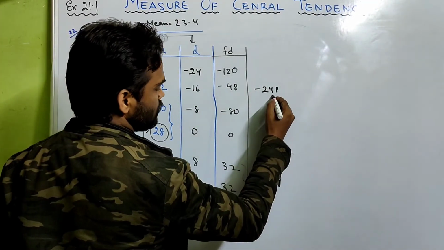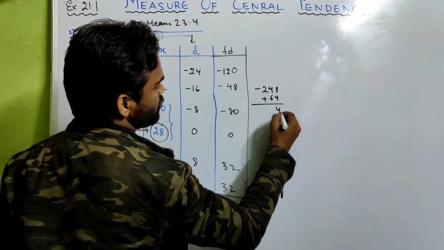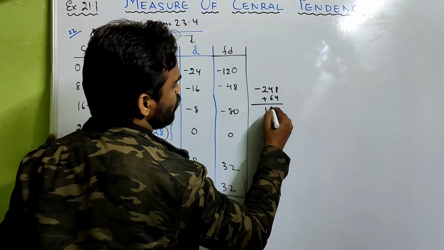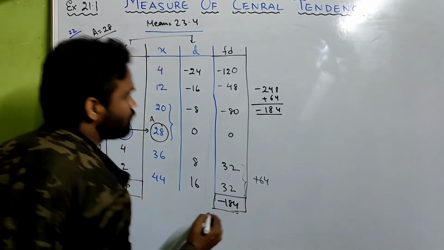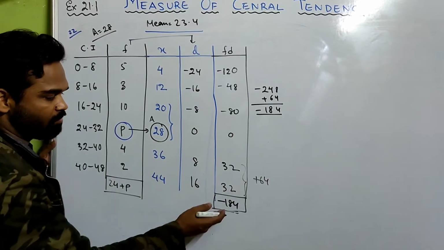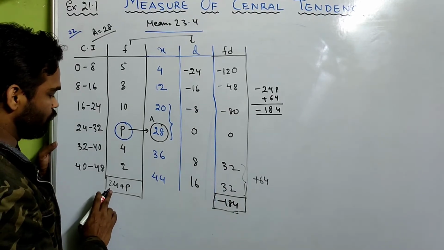So, this is 64. Okay. Again, this is minus 184. So, the summation of FD, sigma FD is minus 184. Done. This is 24 plus P.